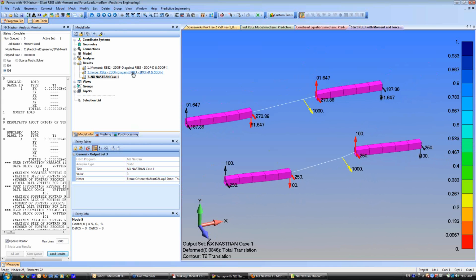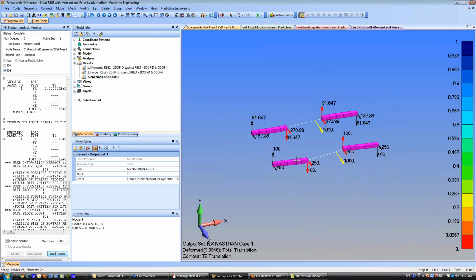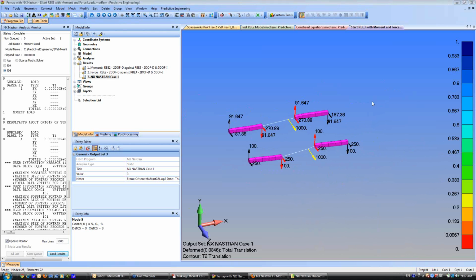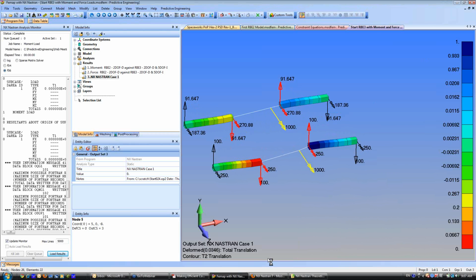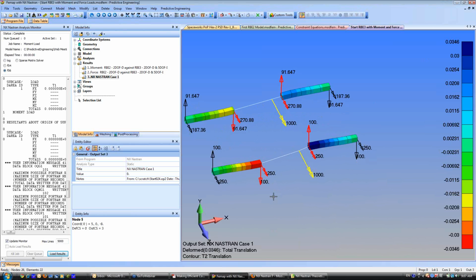So, George, another good point that this model makes is, as far as organizing your RBE2s and RBE3s, the one in the back, the RBE2, yeah, we're applying the load to the independent node in the center. And for the one in the front, the RBE3, it's actually switched. The dependent node is the one in the center. Right.